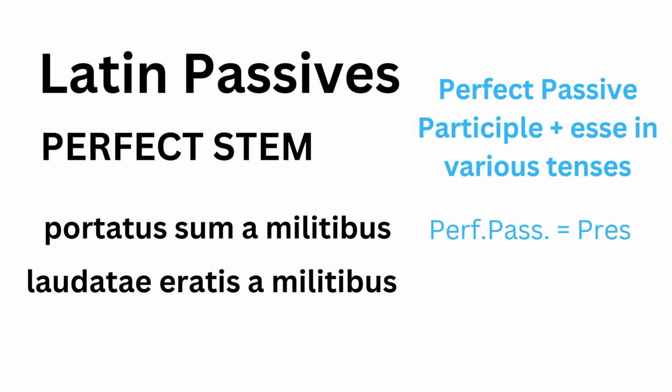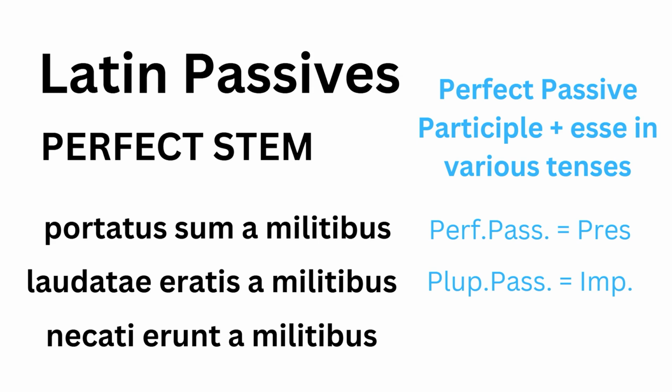I'm talking to a group of women here, it sounds like. So you had been praised by the soldiers. I've used eratis because that is the imperfect of the verb to be. So I've got my perfect passive participle, laudatae, my fourth principal part of laudo, and then I have my imperfect of the verb to be. That altogether makes the pluperfect passive.